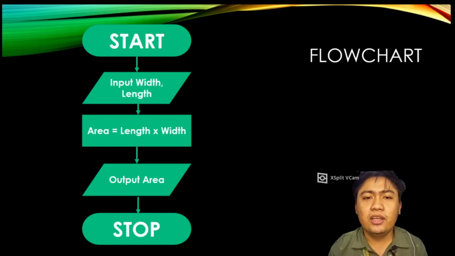For the flowchart, we will use the terminator symbol for the start, the input or output symbol for the input width and length, and the process symbol for area equals length times width, and we will output its answer. Then after printing the area, we will stop the program.